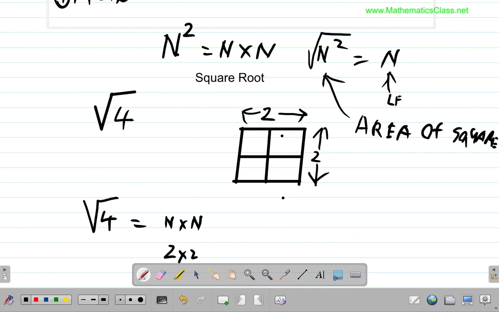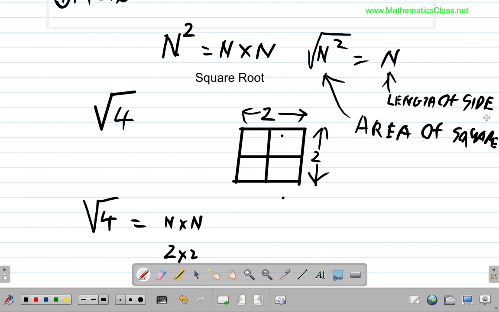The length of the side of the square is the square root of the number. So the number itself is the area of the square, how many 1 by 1 squares you have in this big square. And then the square root of that is the length of the side of the square.